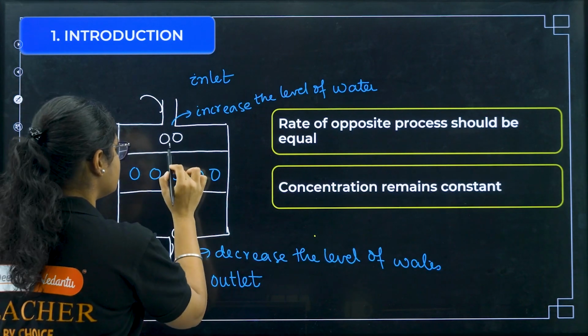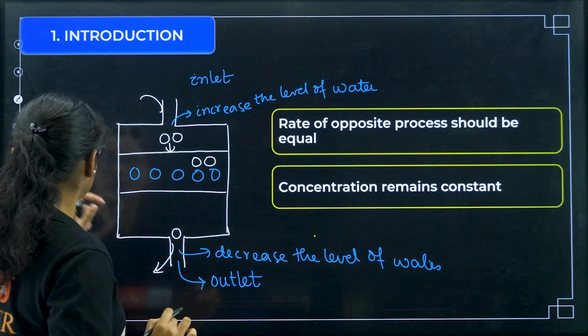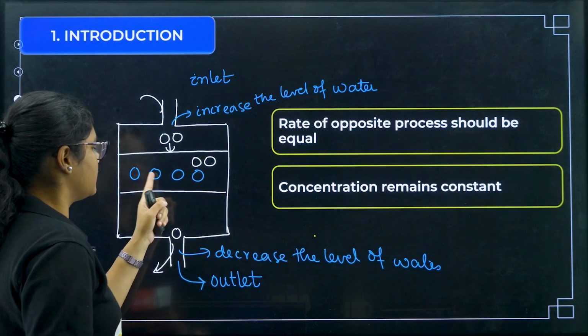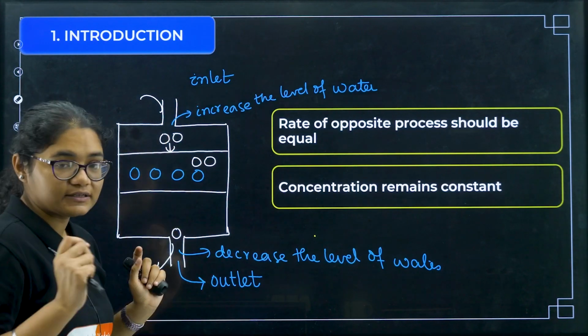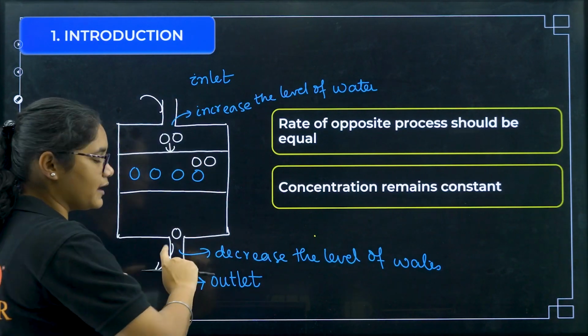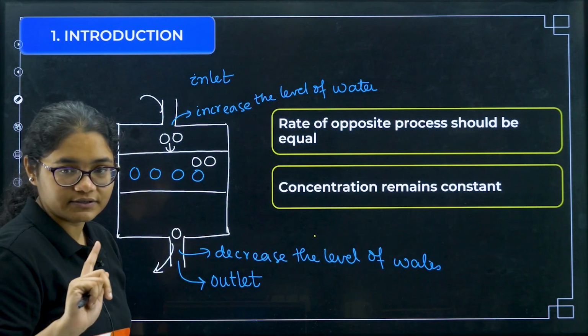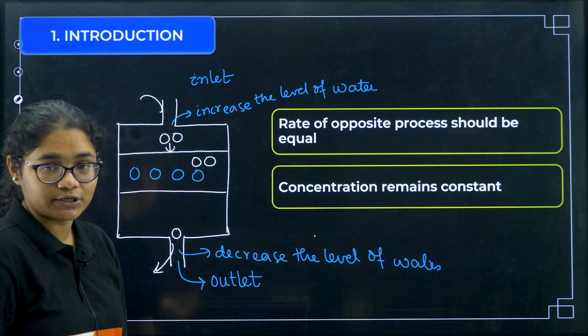So now this 2 molecules entered, so it was 5, now it became 7, right? Now 1 molecule will go out, so it becomes 1, 2, 3, 4, 5, 6. Because the rates are not the same, 2 entering, 1 leaving, the concentration will not remain constant. The concentration changed. Earlier it was 5 molecules, now it became 6 molecules, right?